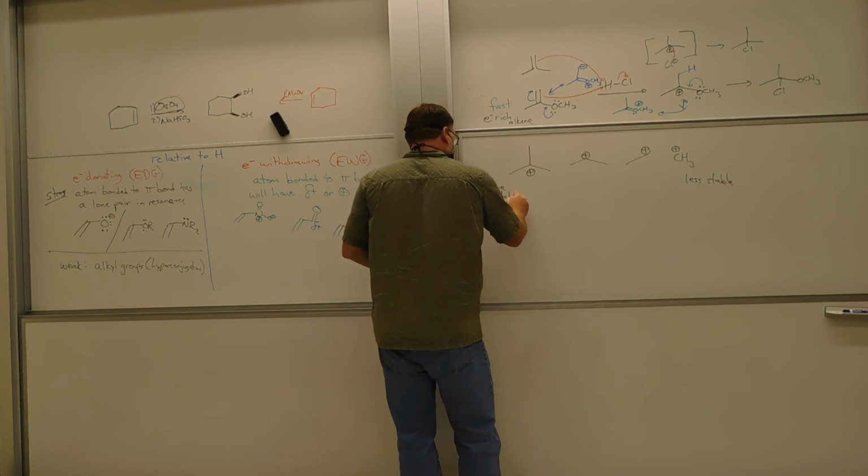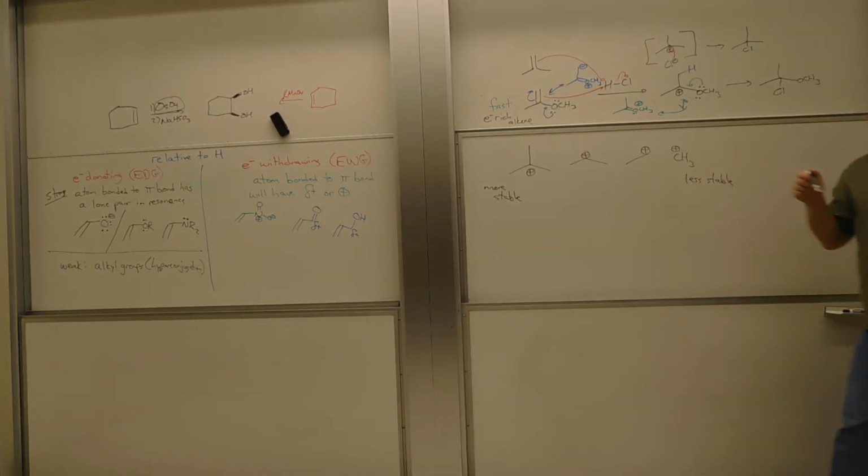So when we talked about cations, a tertiary cation is going to be more stable than a secondary, which is more stable than a primary, which is more stable than a methyl group.